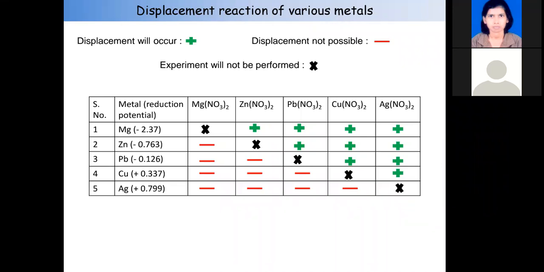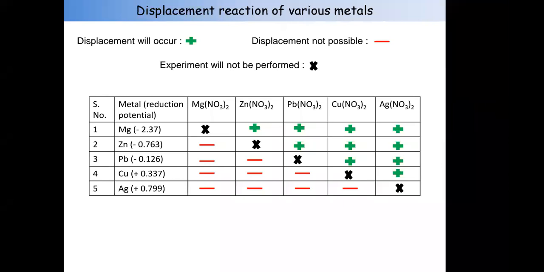And silver being the weakest reducing agent, silver is not able to displace any of the metals from their corresponding aqueous nitrate form. The other metals like zinc, lead, and copper are in between positions.